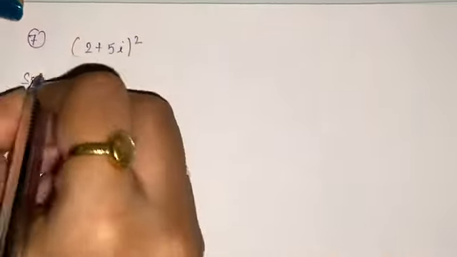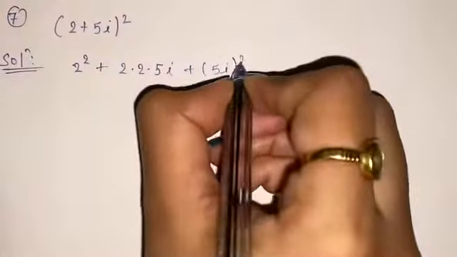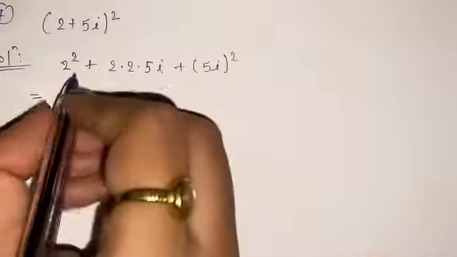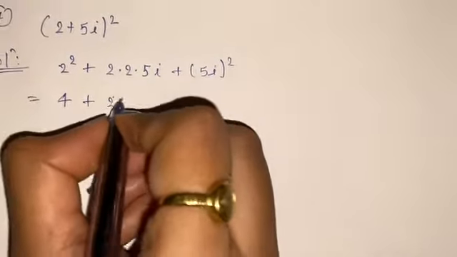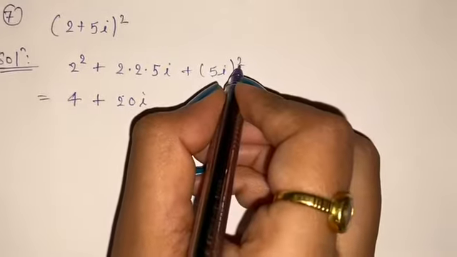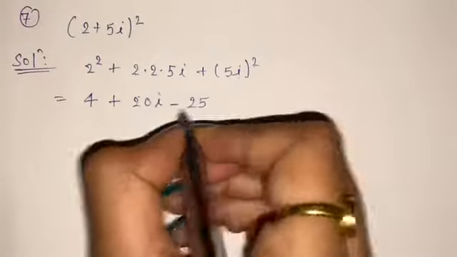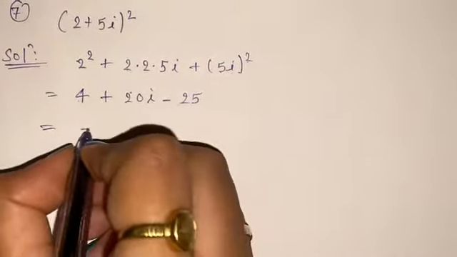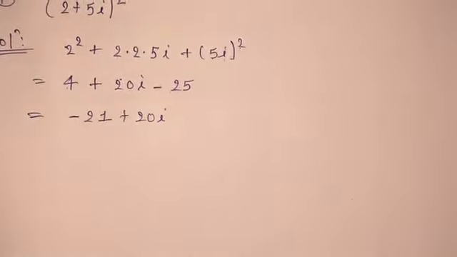So solution will be, I will use the identity (a plus b) whole squared: 2 squared plus 2 into 2 into 5i plus (5i) squared, which is 4 plus 20i, and 5 squared 25, and i squared is minus 1, so minus 25. Minus 25 plus 4, that will be minus 21 plus 20i, so this is your a plus ib form.